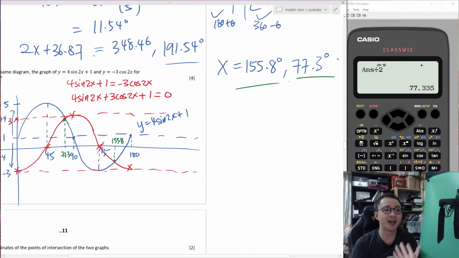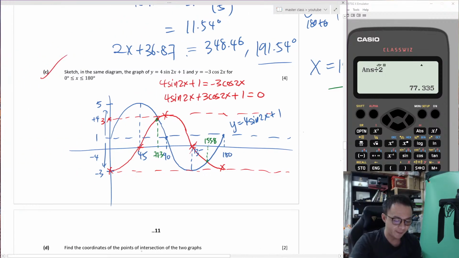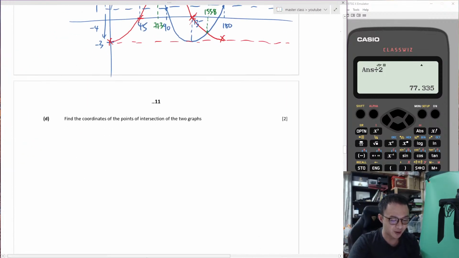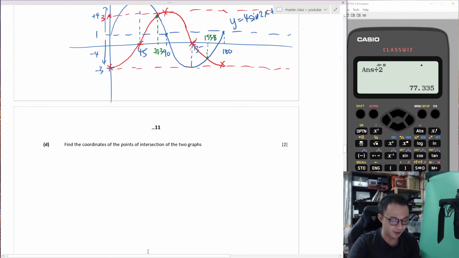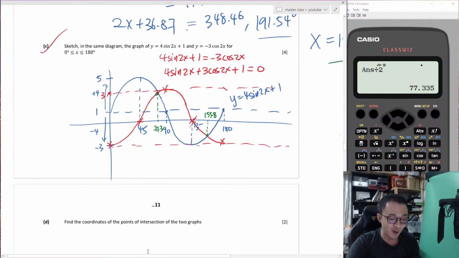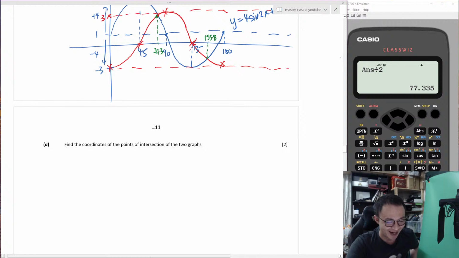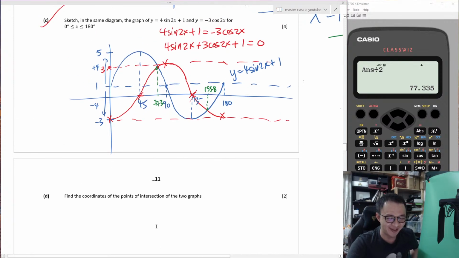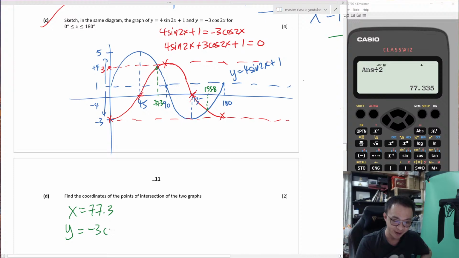Then we can get the intersection points. They say find the coordinates of the intersection point. Coordinates basically means they want the y as well, so you need to sub in. When x equals 77.3, just sub into any equation you want. So let's say I sub into negative 3 cos 2 times 77.3.